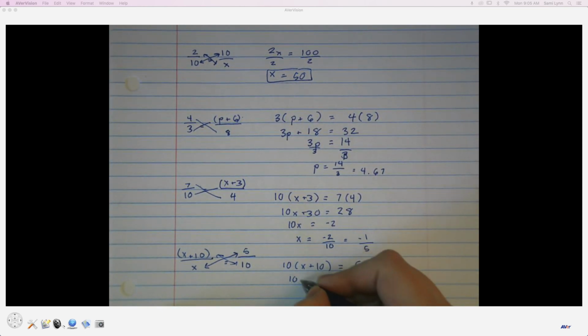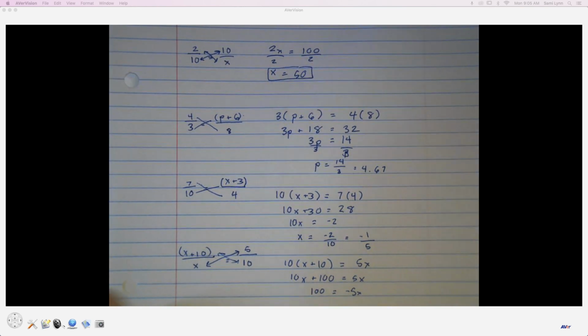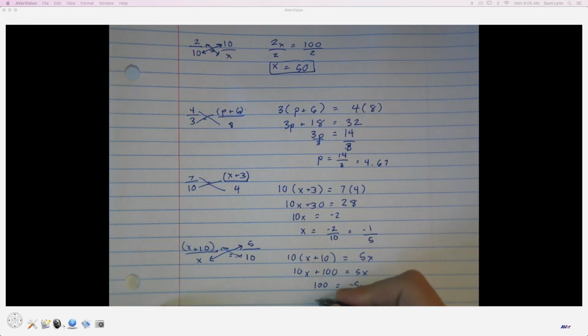So I'm going to get 10x plus 100 equals 5x. I'm going to subtract 10x on both sides. It's going to give me negative 5x equals 100. Then 100 divided by negative 5 is going to be negative 20 equals x. And it's okay to get negatives, remember.